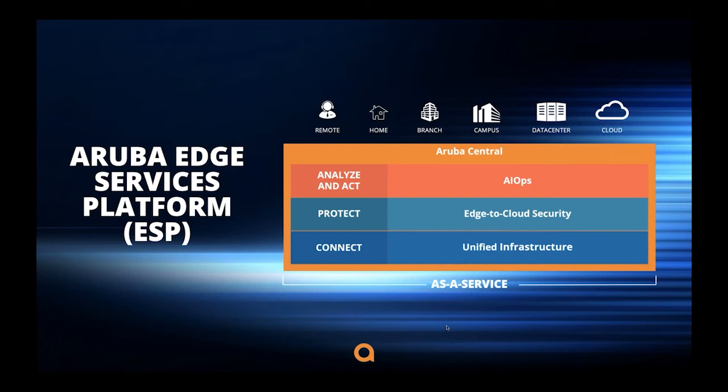You're looking at wireless, switching, role-based connectivity, all of these hardware components. That infrastructure is tied together under one umbrella of visibility called Aruba Central, a cloud-based management solution that provides all of that reporting and automation and orchestration under that unified infrastructure.